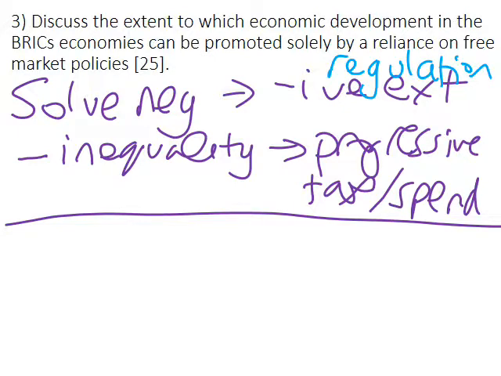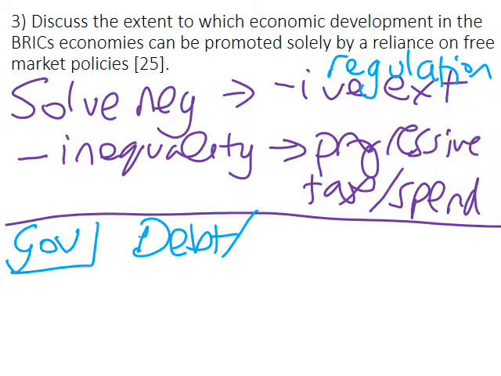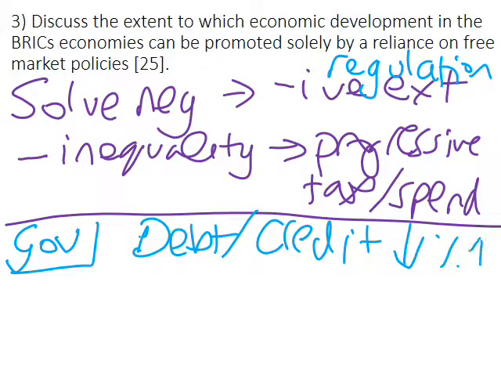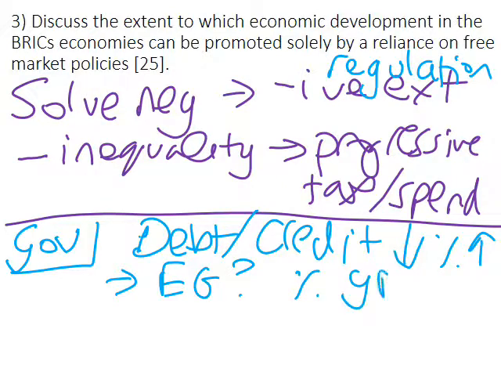If you are going to go for the government intervention policies, what you might have to try and do is somehow solve the potential problem of rising government debt and the fact that that might reduce the credit rating of the country, which might lead to higher interest payments. One way you could do that is to say that it might lead to higher economic growth, and that growth would reduce the debt as a percentage of GDP.